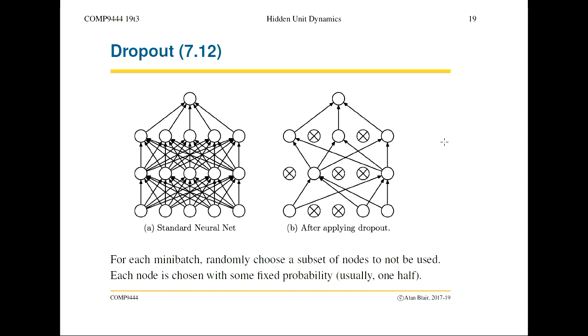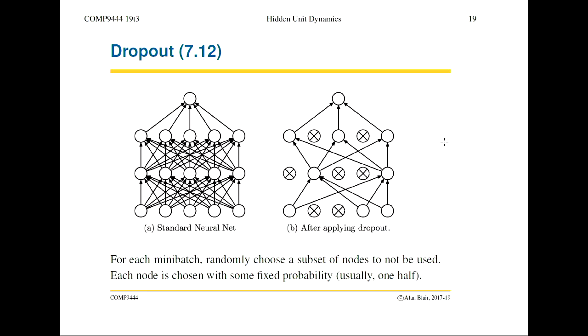If in the training 20% of the nodes are dropped out and 80% are kept, then in the deployment every node is present, but every node has its activation multiplied by 0.8.